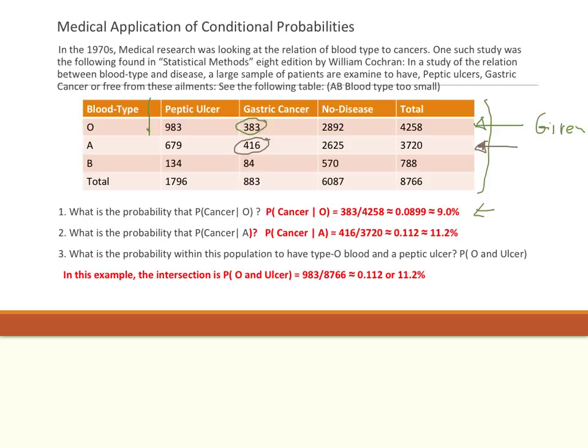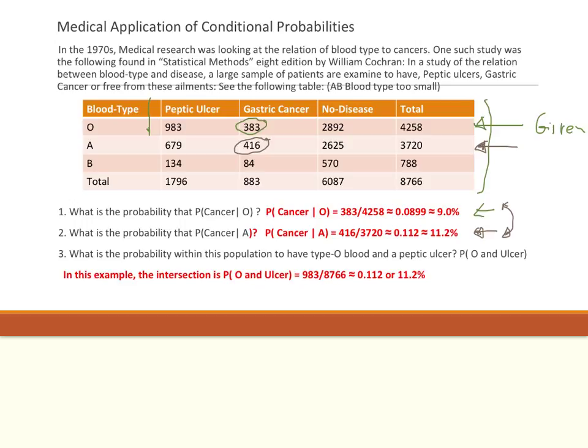In this case, it's 416 divided by 3,720, which is equal to 0.112, or approximately 11.2%. So there is a difference between blood type O and blood type A as far as gastric cancer is concerned, it appears.